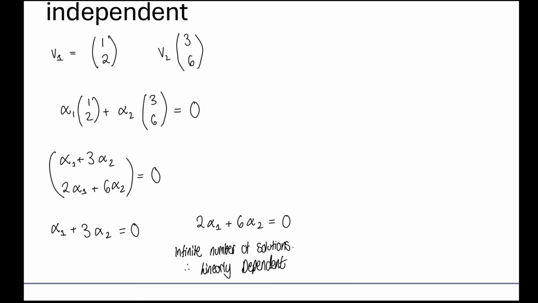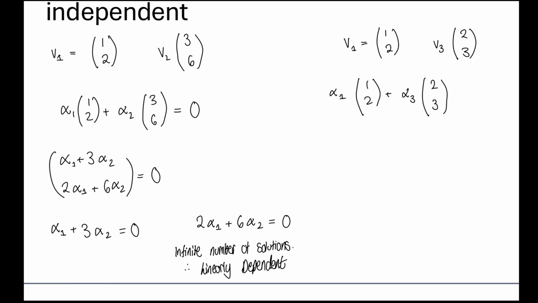If we had another pair of vectors, v1 is equal to 1, 2 again, but now we have v3, which is 2, 3. Doing the same thing, we have alpha 1 times 1, 2, and alpha 3, we'll change it to 2, 3 is equal to 0. So we get alpha 1 plus 2 alpha 3, and then 2 alpha 1 plus 3 alpha 3 is equal to 0.